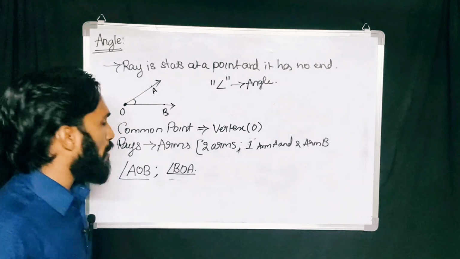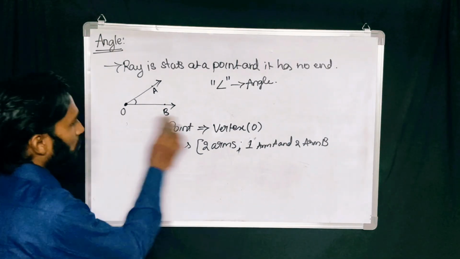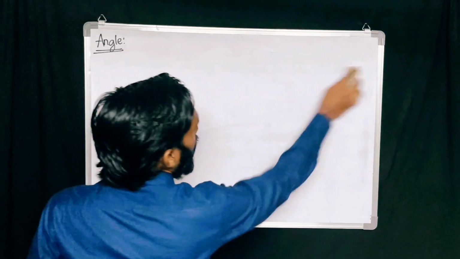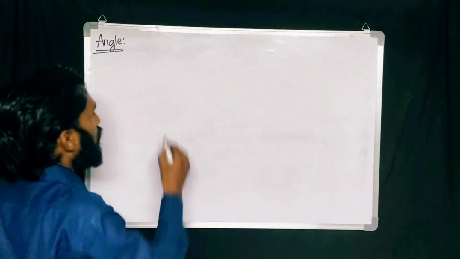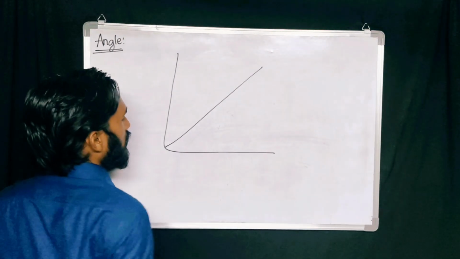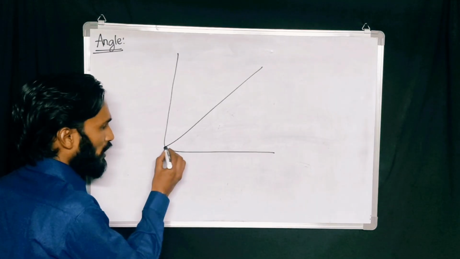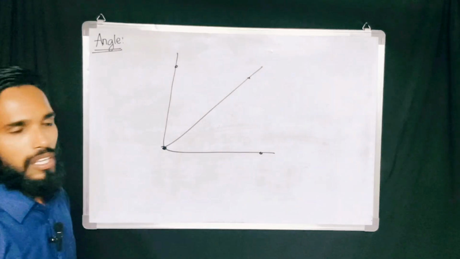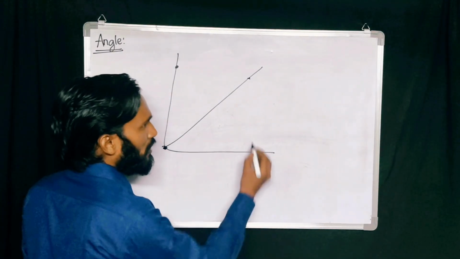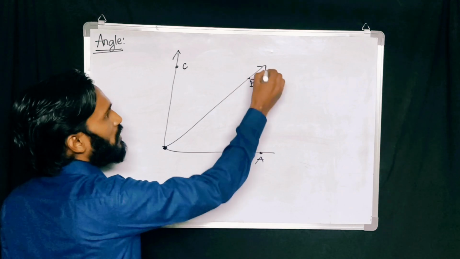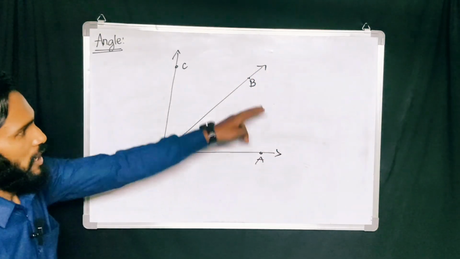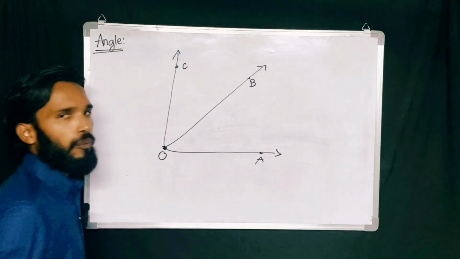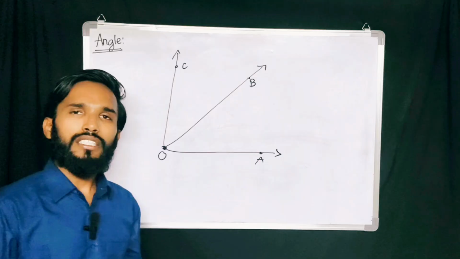Now see another example. Here we have a common point, and this is a ray, this is a ray, and this is a ray. This is A, this is B, and this is C. These are ray A, ray B, and ray C. The common point they are sharing is called the vertex.